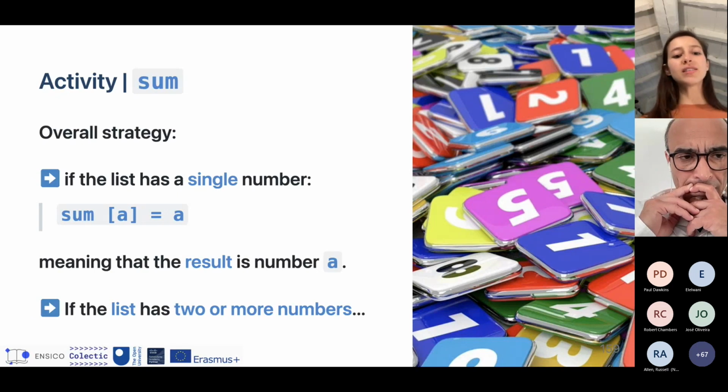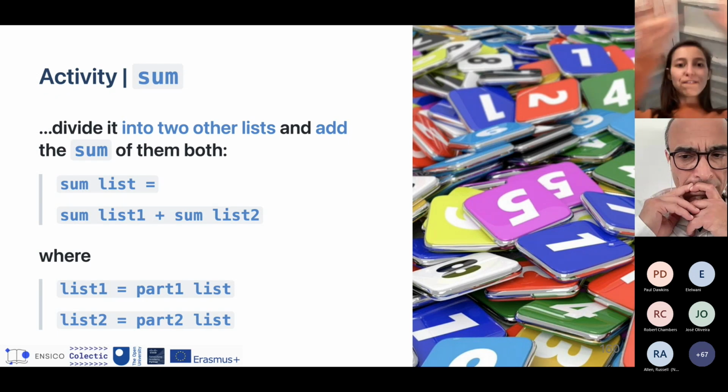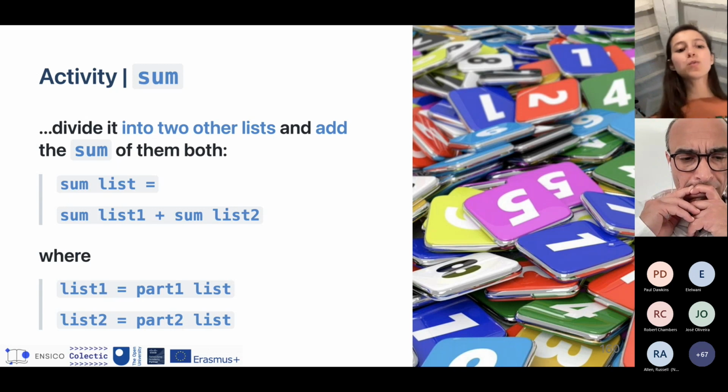Now, what if the list has two or more numbers? Well, we can divide it into two other lists and add the sum of them both. Okay, so if I have 1, 5, 3, 4, I can compute the sum of 1, 5, and then I can compute the sum of 3, 4, and then I add those numbers. Okay, and what are these list 1 and list 2 here? So list 1 is kind of the first half of the list, and list 2 is the second half.